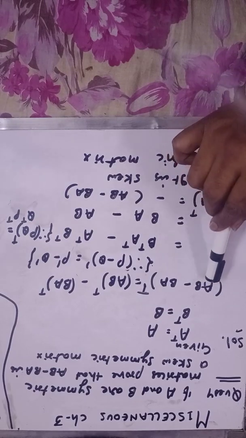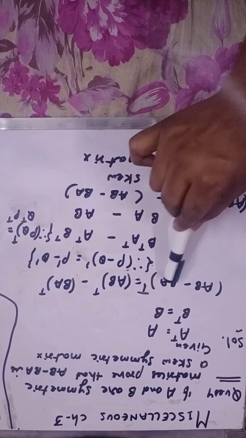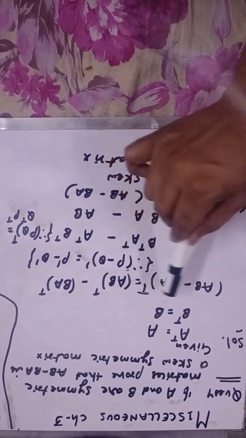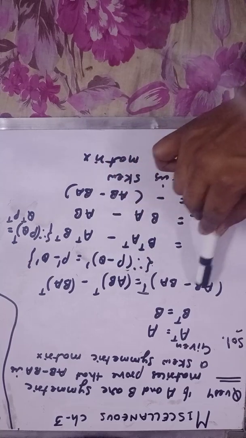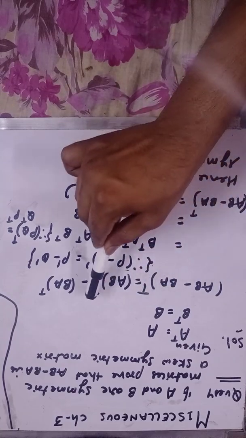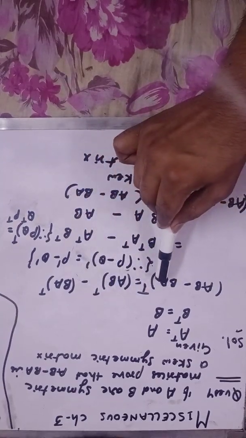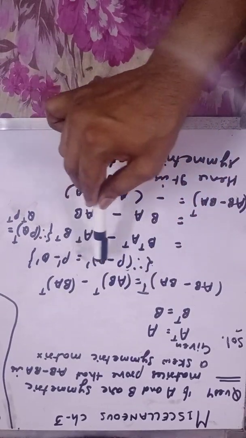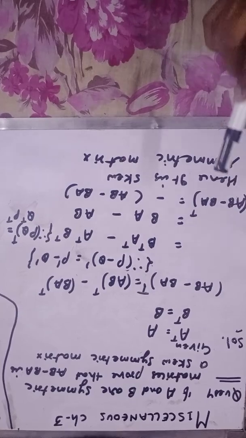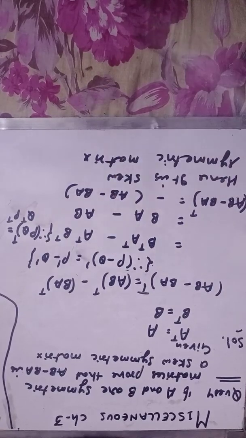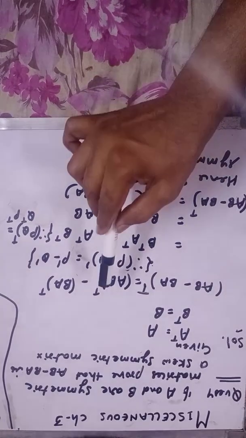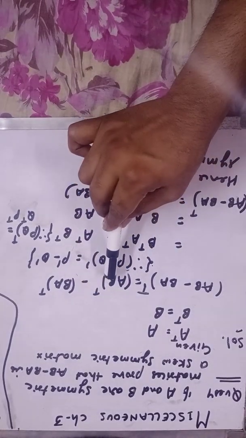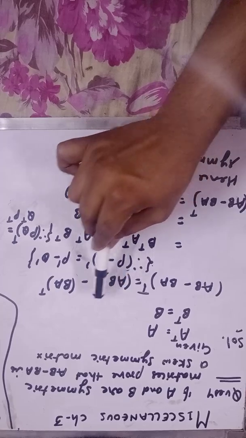So (AB minus BA) transpose is equal to (AB) transpose minus (BA) transpose. This is a general formula which you have to learn. After this step, (AB) transpose can be written as B transpose A transpose.